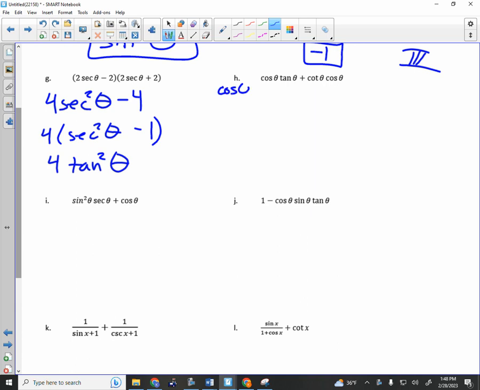Cosine of theta over 1 times sine of theta over cosine of theta, plus cosine of theta over sine of theta times cosine of theta over 1.